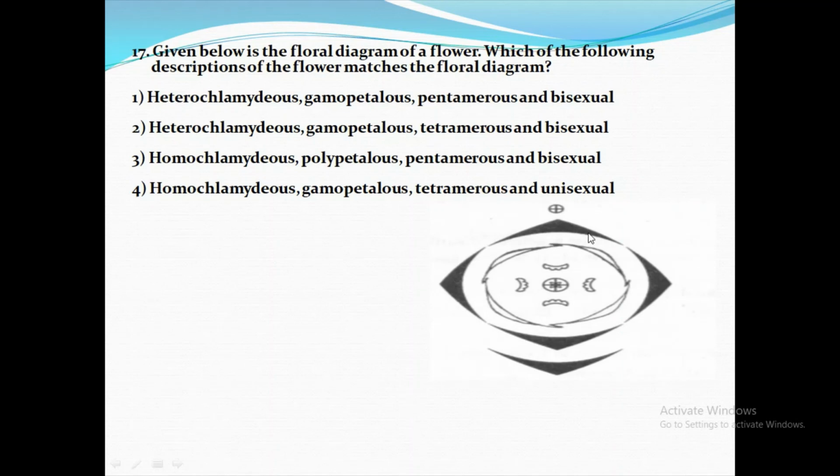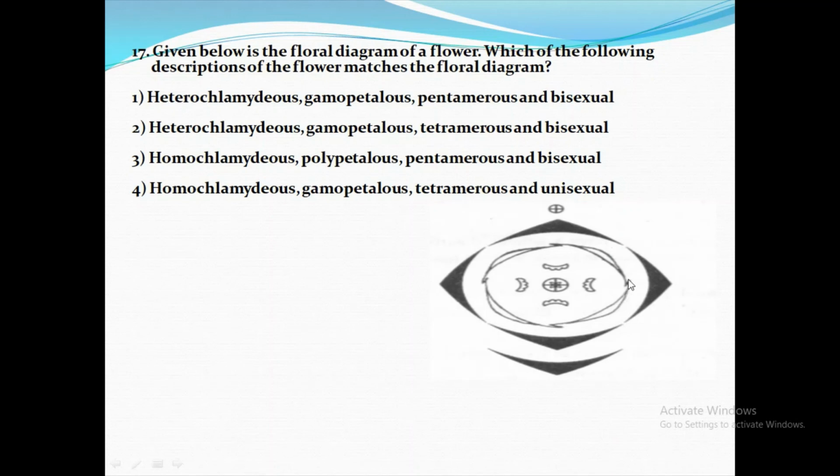In this floral diagram, you can see this is the calyx and this is the corolla. So you can differentiate between calyx and corolla in this flower. So here the answer should be heterochlamydeous. And also you see that the petals are fused.